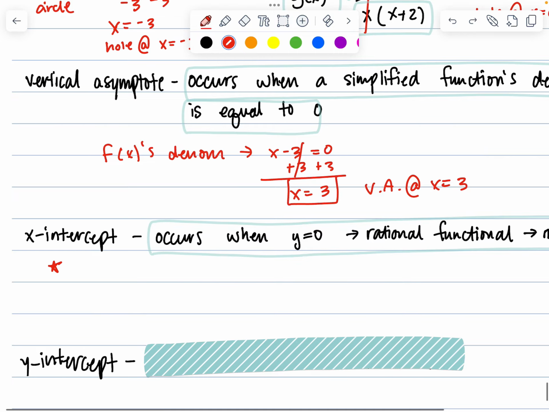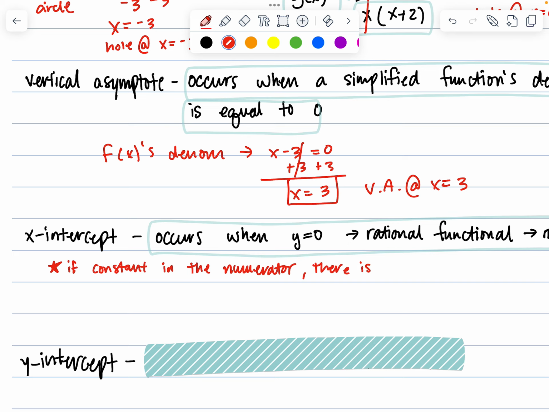So here's a little note. If there is a constant in the numerator, there's no x-intercept. And it's only a constant, I should say.